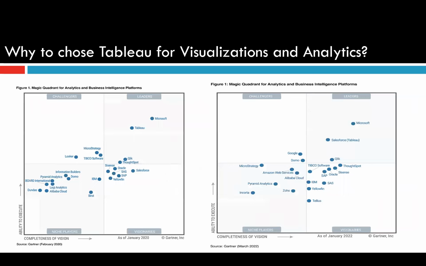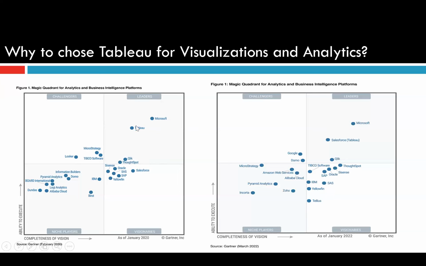Then, where does it stand in the market? As I was telling, once it was a leader, at the top, and now it has come to the second spot in the market. In the leaders quadrant of the Gartner report, Microsoft Power BI is at the top, and Tableau is in the second position.